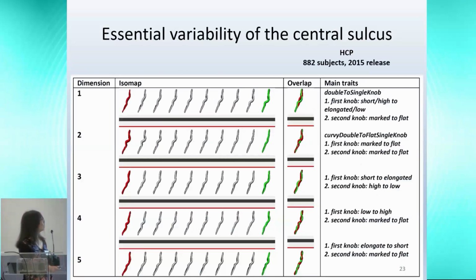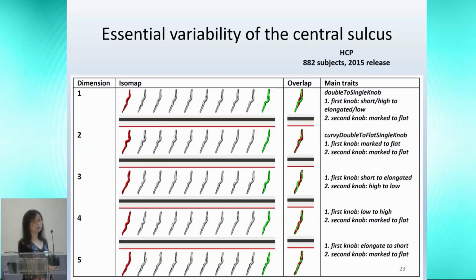So we used here the HCP data set of 882 subjects, and did the same kind of study, just with more subjects. And as you can see, we can have different summaries, like the PCA idea to summarize the variability traits and plot the average shape.